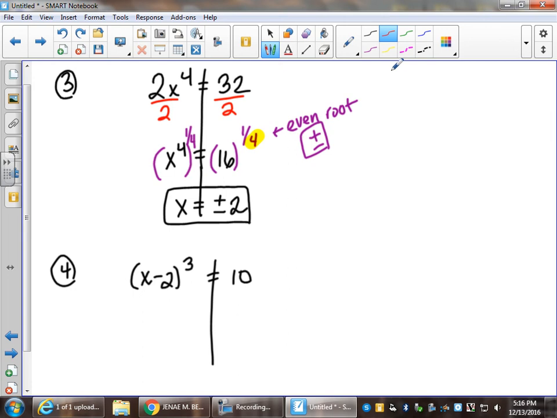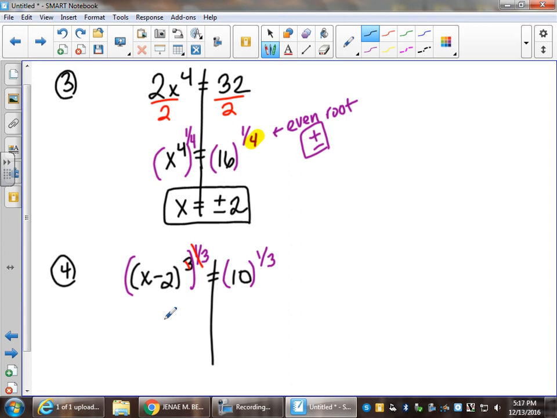So right away we can work on the inverse of that power of 3, which would be raising this entire side to the 1/3. What we do to one side, we need to do to the other. The 3 and the 1/3 cancel because 3 times 1/3 is 1. So we have x minus 2 equals 10.